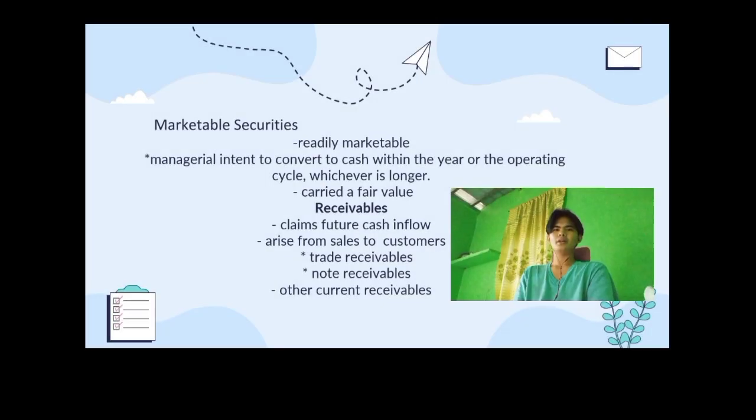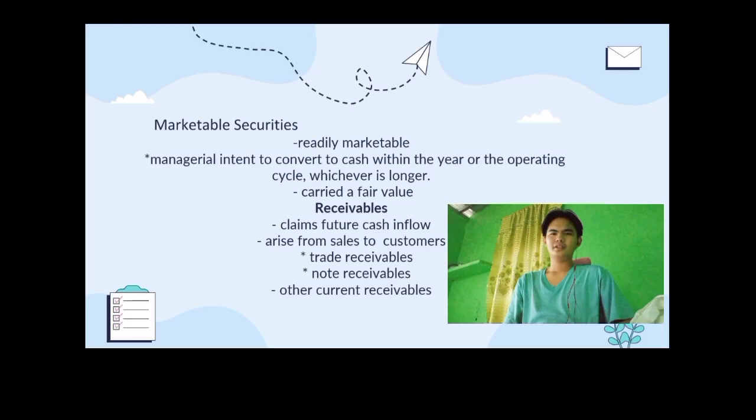To qualify as a marketable security, the investment must be readily marketable, and management must intend to convert the investment to cash within the current operating cycle or 1 year, whichever is longer. The key element of this test is managerial intent. Investment classified as marketable securities should be temporary.